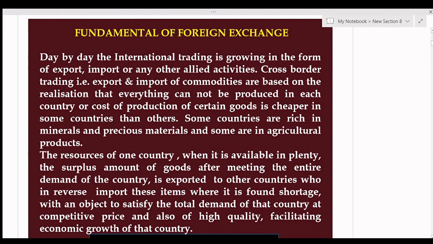Fundamental of foreign exchange. Day by day, international trading is growing in the form of export, import or other allied activities.